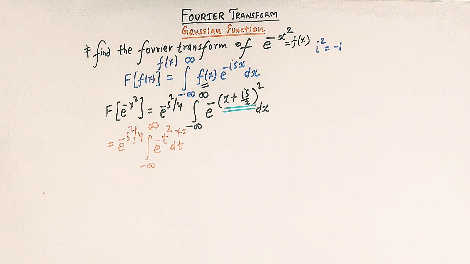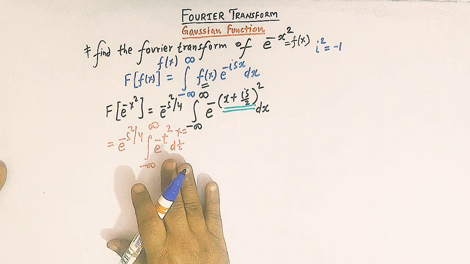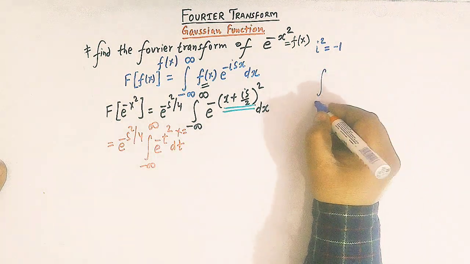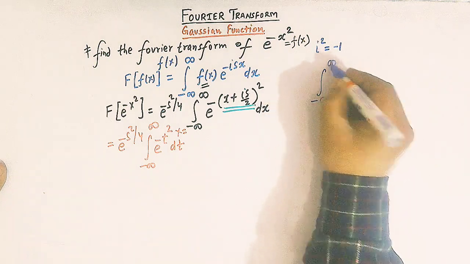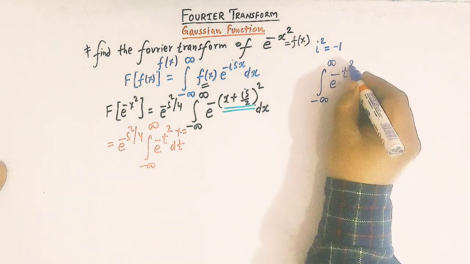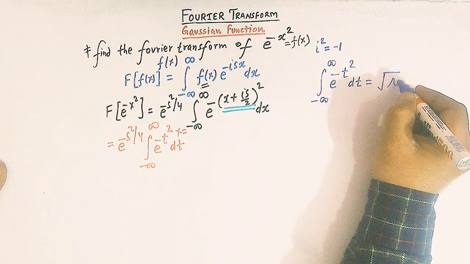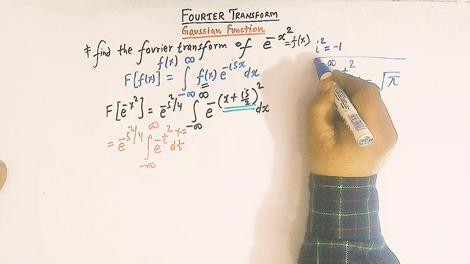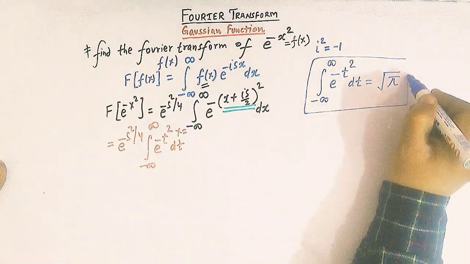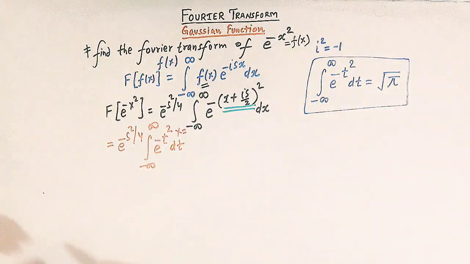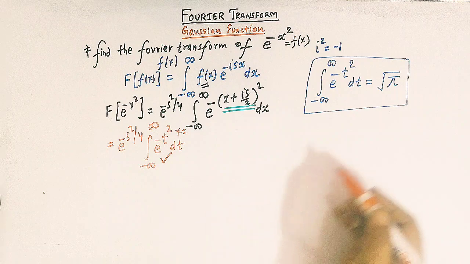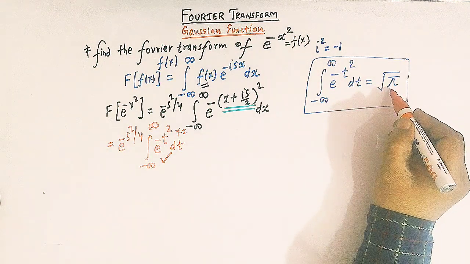So now from the theory of integrals, we know that the value of the integral from minus infinity to infinity of e raised to minus t square dt is equal to square root of pi, right? So this is a very standard integral in the theory of integrals. So the value of this integral may be replaced by square root of pi, right?